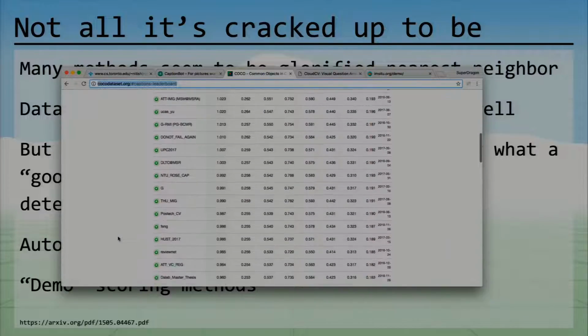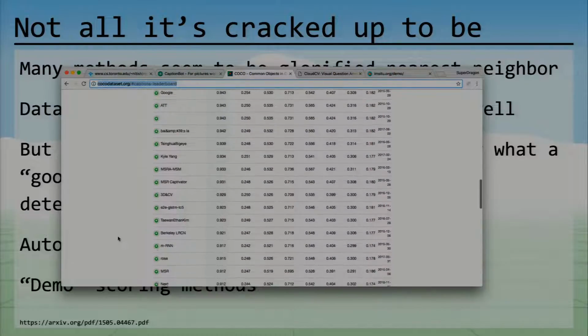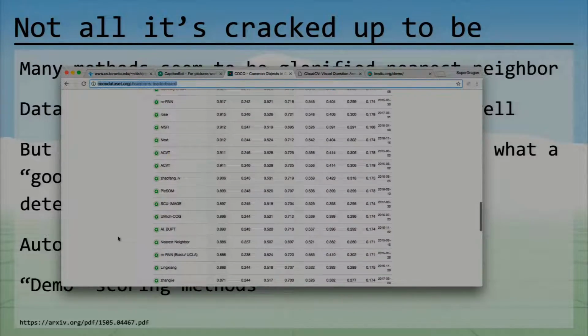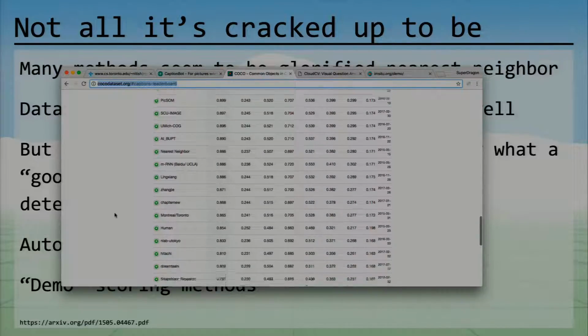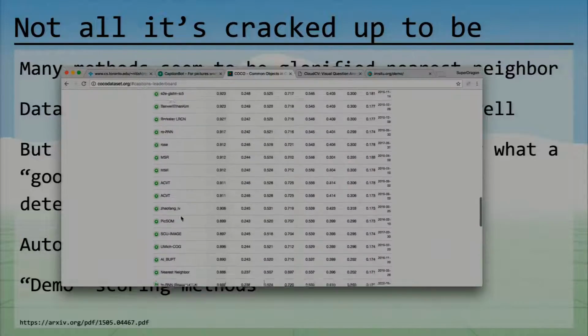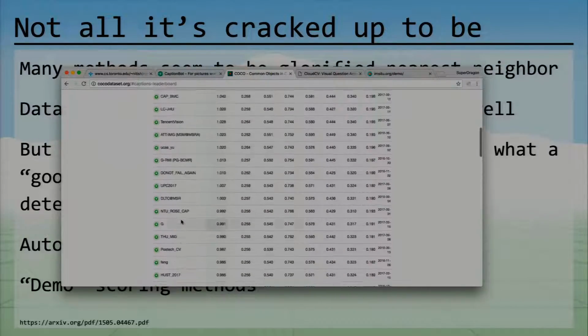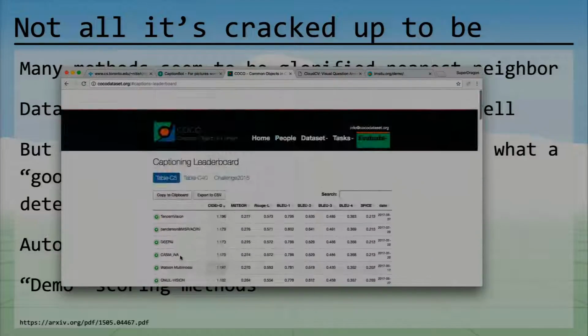If we scroll down for a while, there's nearest neighbor, which is not super good. Here's human. If you have a human write a caption for your image, according to these automated scoring metrics, they come in far, far below the state of the art.